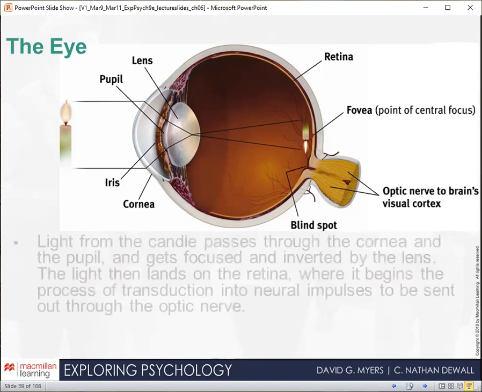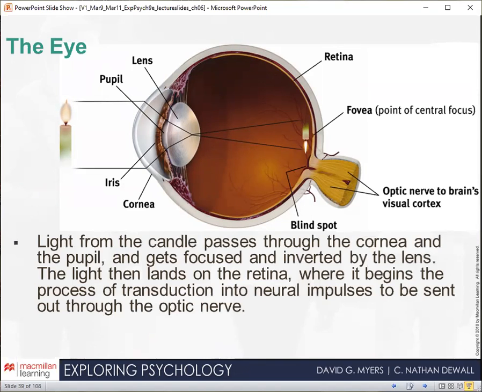So let's walk through this real quickly here. Light from the candle passes through the cornea and the pupil, the hole there, and gets focused and inverted by the lens behind the pupil. The light then lands on the retina at the very back, where it begins the process of transduction into neural impulses to be sent out through the optic nerve.